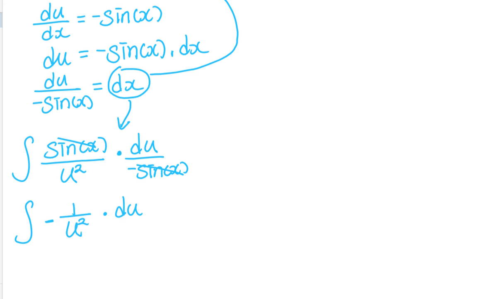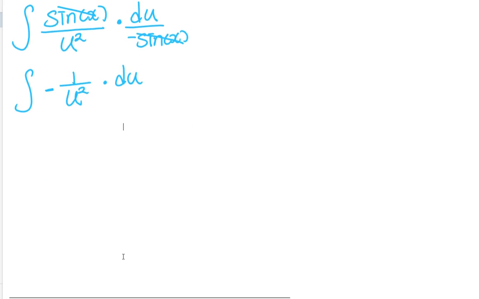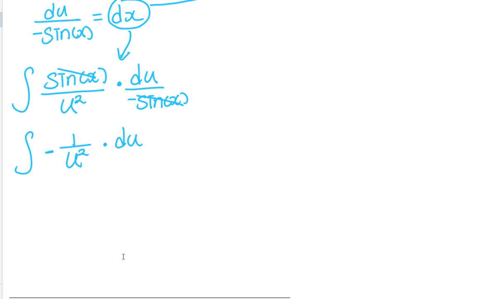Now, this is much easier to do. We know how to do this. We have changed the scenario back into something that we are very familiar with. This is just a polynomial, which is a polynomial with u at the denominator. English is not my first language.